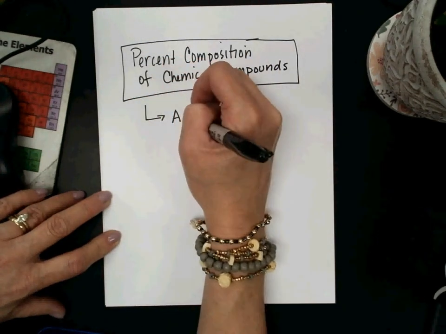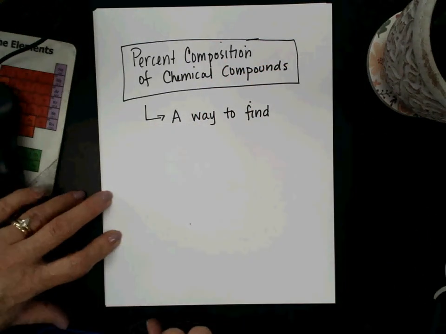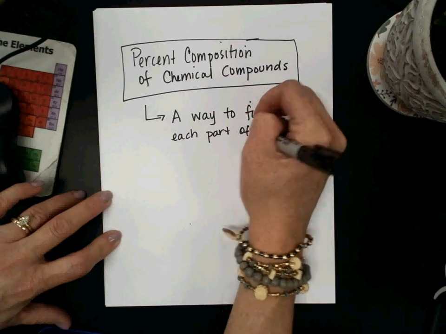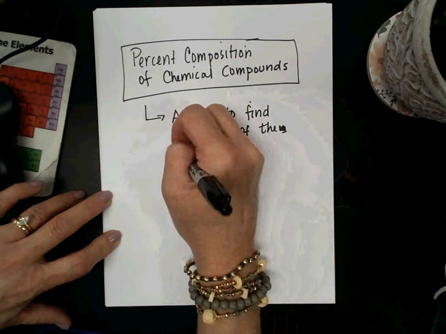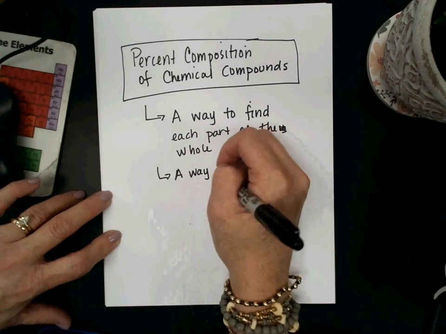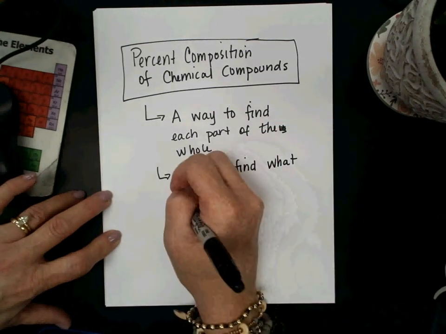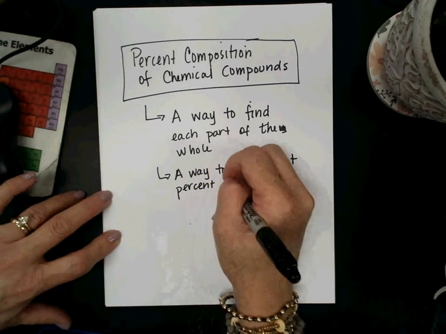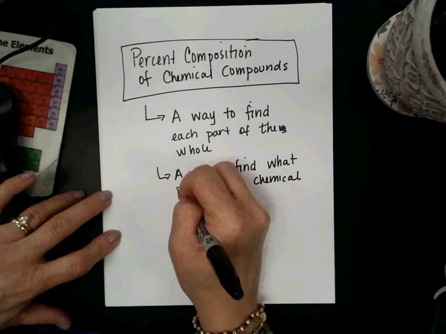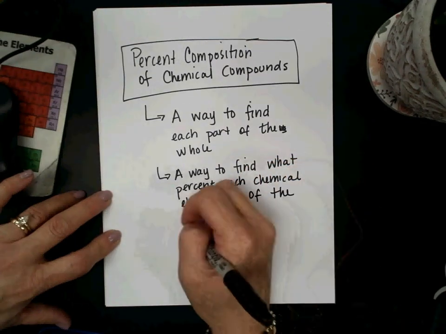And this is a way to find each part of the whole, or a way to find what percent each chemical is of the whole.